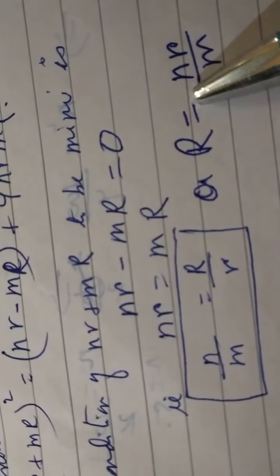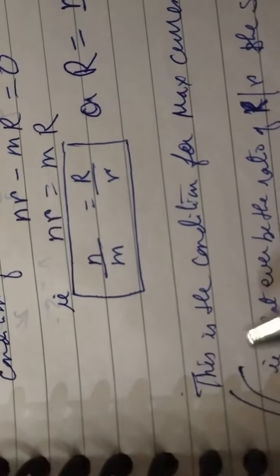So this value must be equal to 0, meaning Nr minus Mr is equal to 0. So Nr is equal to Mr. So n upon m is equal to capital R upon small r, or capital R must be equal to Nr upon m. So this is the condition for maximum current. Whatever be the ratio of capital R upon small r, the same ratio should be of n upon m.